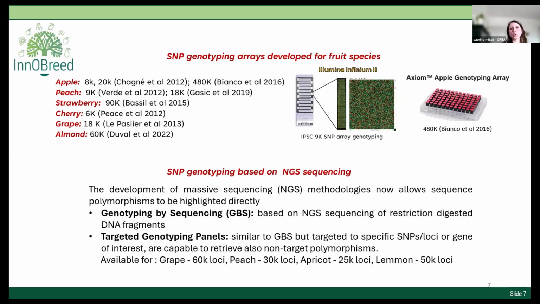And also, more recently, there are targeted genotyping panels which work similarly to GBS, but on targeted specific loci. And these are available for grape, peach, apricot, and lemon.